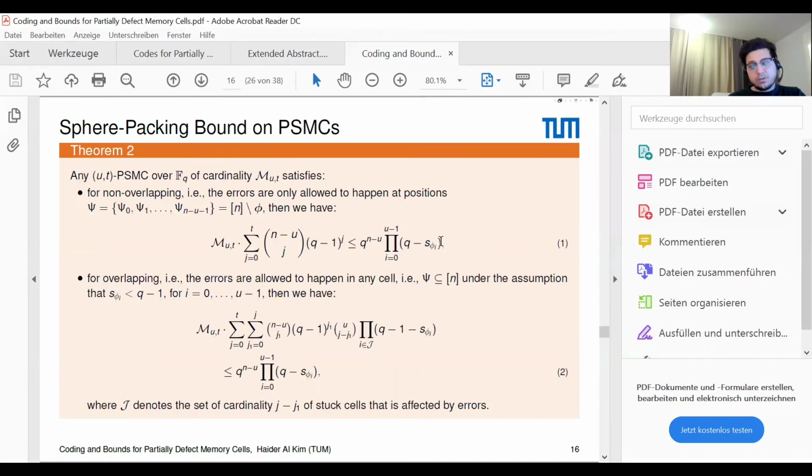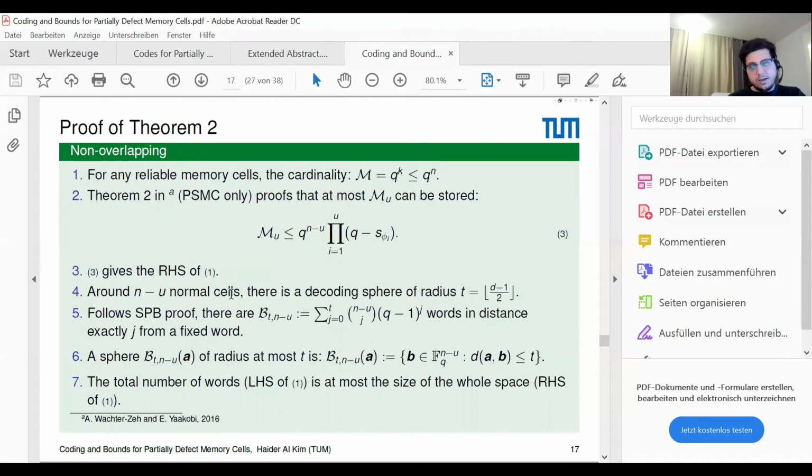And since we are considering error correction capability, this will for sure reduce the capability to store the whole Q levels, because in the healthy cells there is uncertainty from 0 to Q minus 1, and this is considered here. So it follows from the sphere-packing bound exactly, but instead of N, we have just N minus U healthy cells.